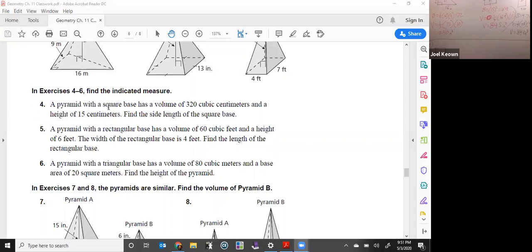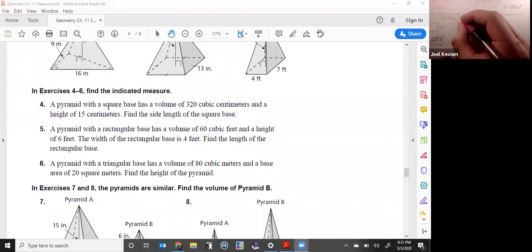Oops, sorry, the volume is 320 cubic centimeters. I was reading number 5. Let's see here. And has a height of 15 centimeters. I need to find the side length. Number 4. I'll wait for the video right now, but I'll teach you in 15 seconds.